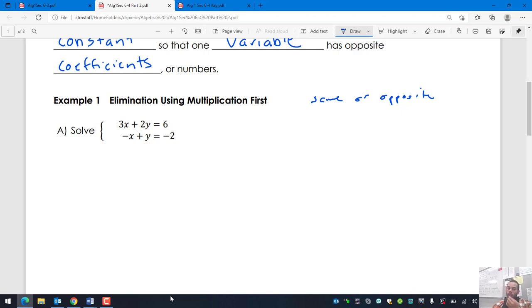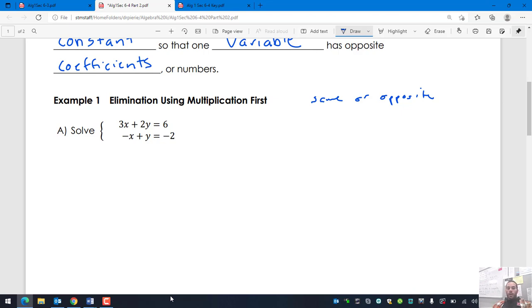So the issue we're having right now is that we don't have the same or the opposite coefficients yet for either pair of variables. But what we can do is we can introduce a constant. We can multiply an entire equation by a number in order to get to opposite coefficients. Okay, so watch what I'm going to do here. Let's say I make it up in my mind that I want to eliminate the x's.